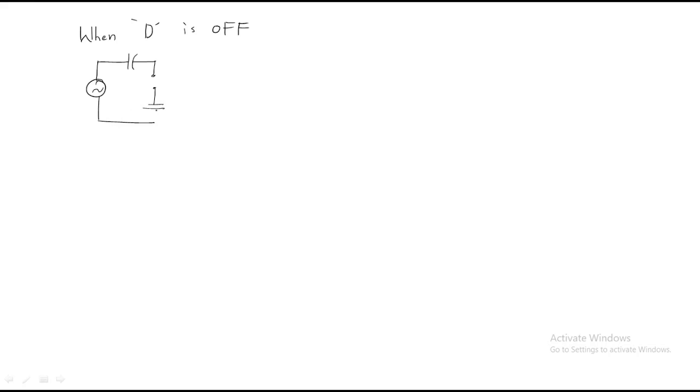No need of the diode here, and this is the load resistor, and this is the output V0. This is the minus E. This is the input voltage, and this is the capacitor voltage.